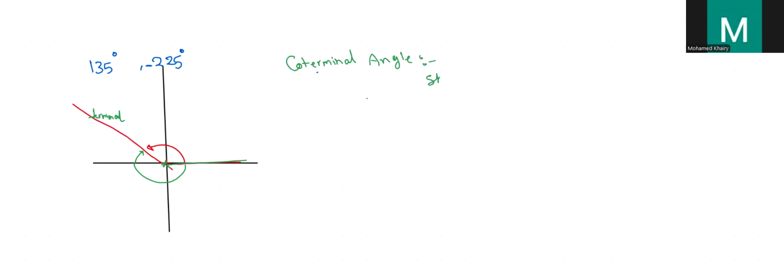All of the angles share the same initial side, and all of them start from the positive x-axis, and we rotate either up or down, depending on the given angle. So this is the second thing that we have to know, coterminal angles.